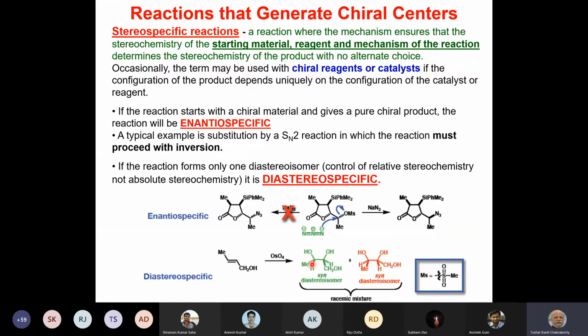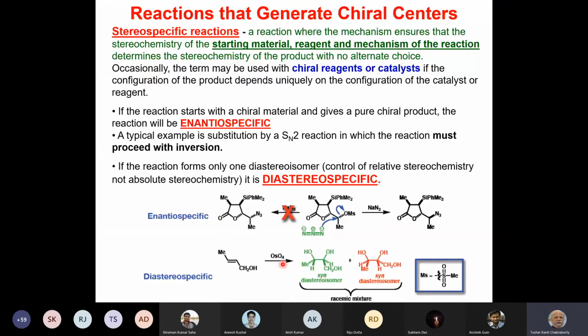Then you get this syn diastereomer. Both are syn diastereomers, or it can come from the other side. Since there is no chiral environment in this molecule, you'll get equal amounts of both. So you get a racemic mixture, but the relative stereochemistry of these two hydroxyls is determined because of the reagent, that is osmium tetroxide.